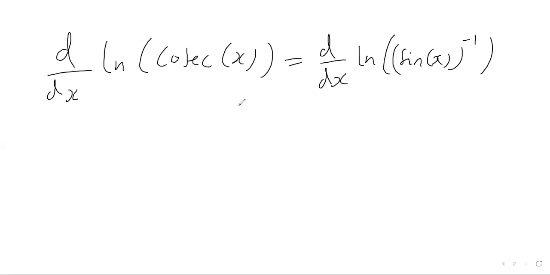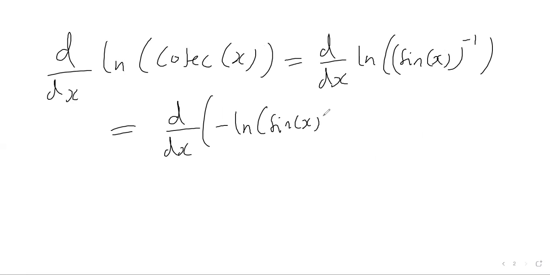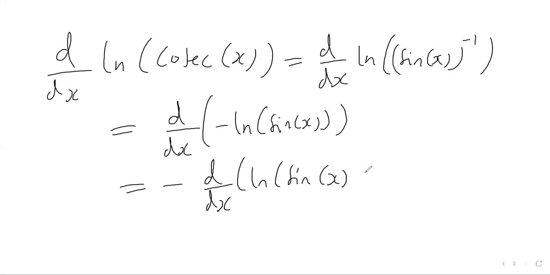Using our laws of logarithms, we can bring the power to the front of the logarithm. So we're differentiating, in reality, negative ln of sine of x. Obviously, this minus sign is just a -1, just a constant. So this is just negative the derivative of ln sine of x.